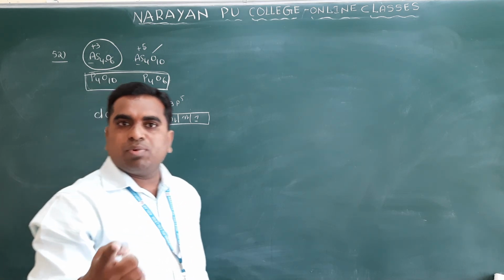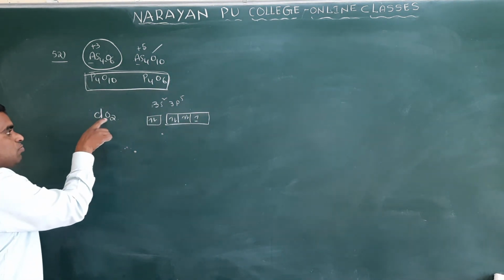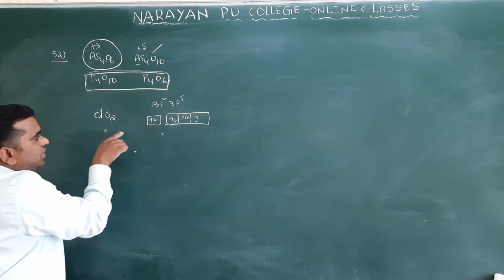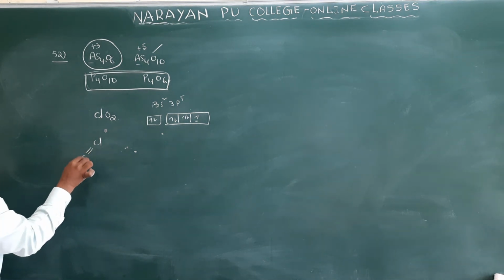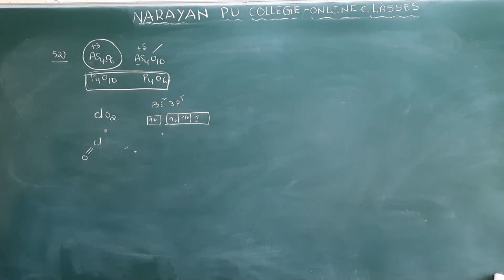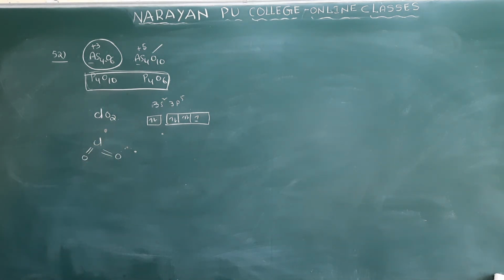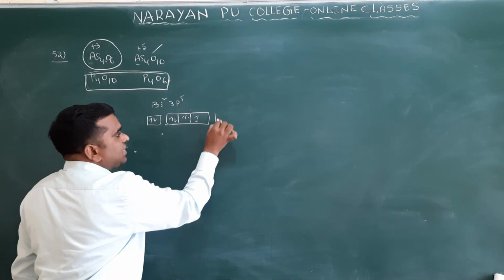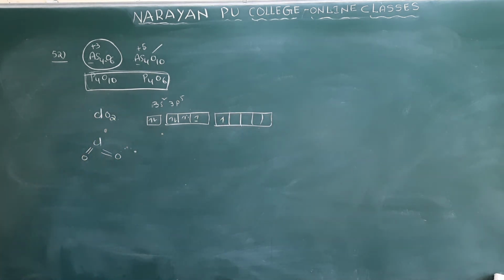Only one unpaired electron means chlorine should form only one bond. But here you see it is making bonds with oxygen. Clear? If you write the structure like this, oxygen forms how many bonds? 2 bonds. How many bonds is chlorine forming here? Chlorine is forming 4 bonds. And in this case, one electron will remain.